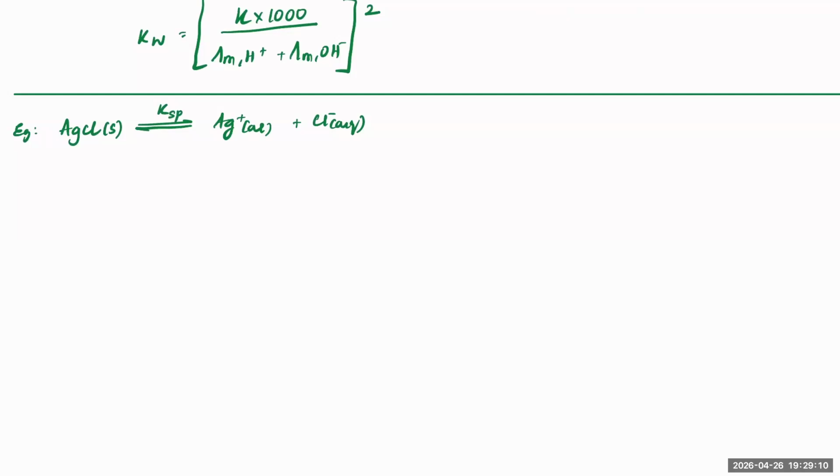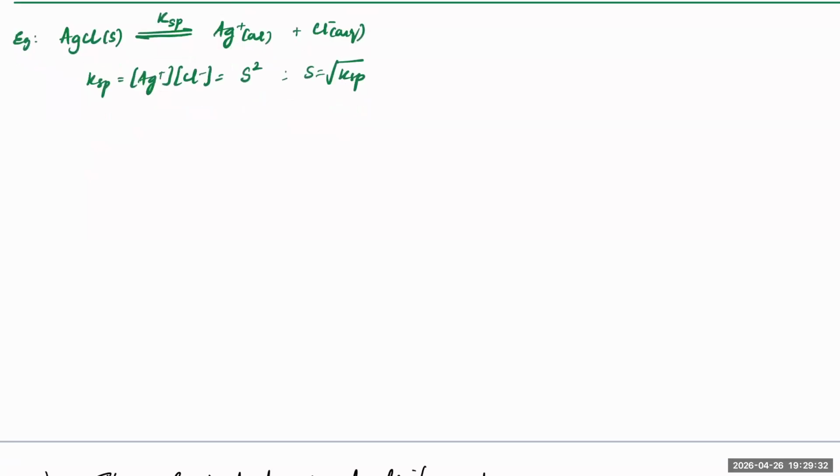So we know that Ksp is equal to Ag plus concentration into Cl minus concentration, which is also solubility squared. So S is equal to under root of Ksp. So now our objective is to figure out S. From S, we can actually get Ksp experimentally. So how are these two related?